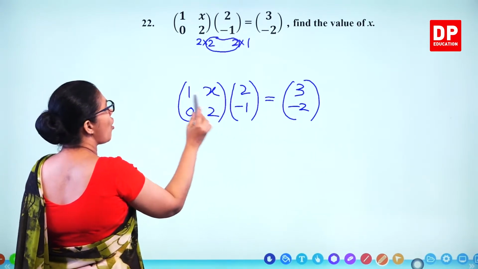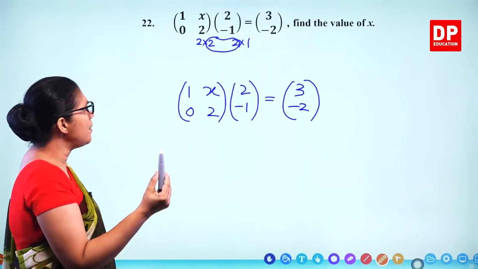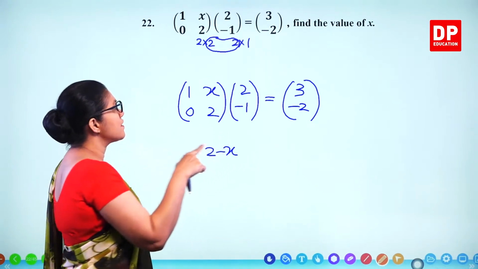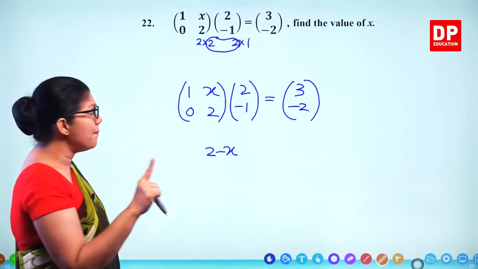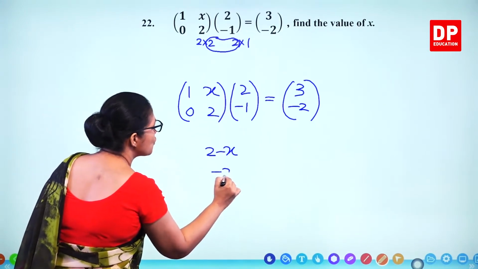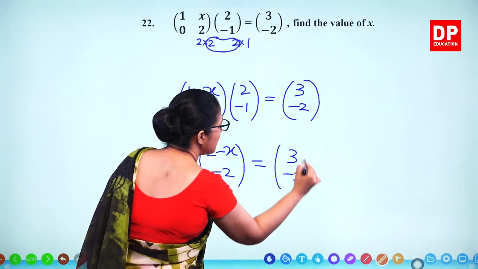First row, first column. 1 times 2, 2. x times minus 1, minus x. So 2 minus x. What about second row with first column? 0 times 2, 0. 2 times minus 1, minus 2. So this is equal to this. Can you see?